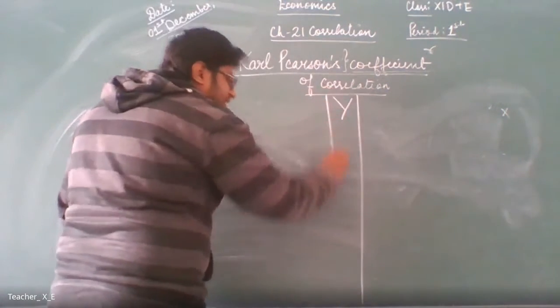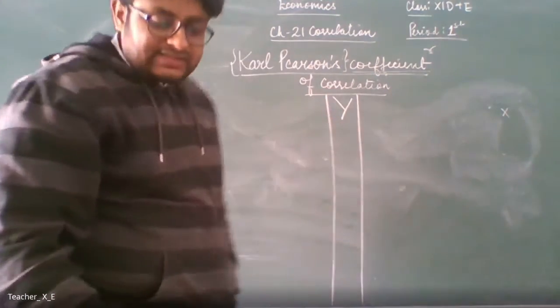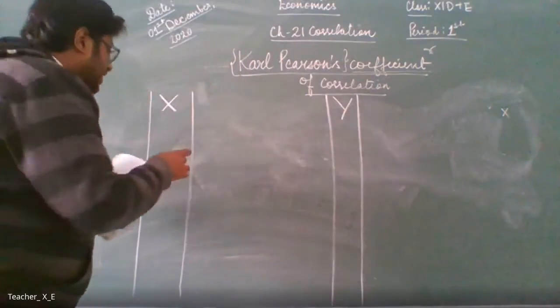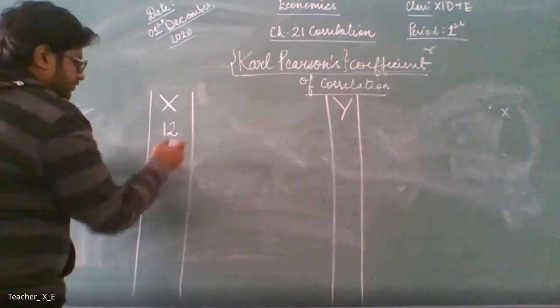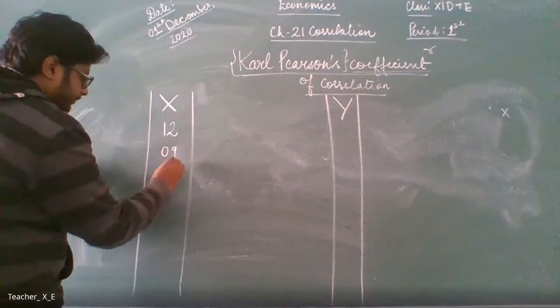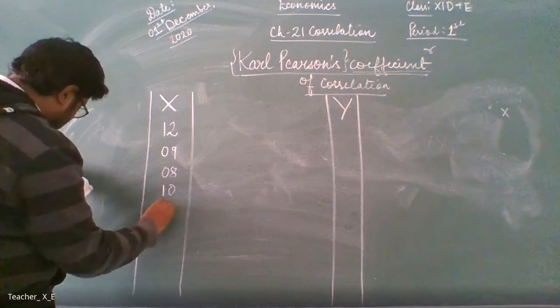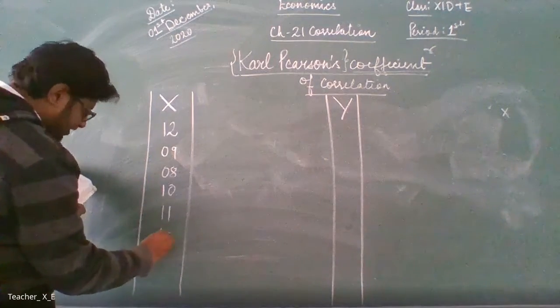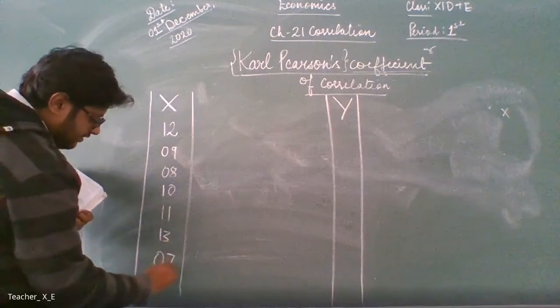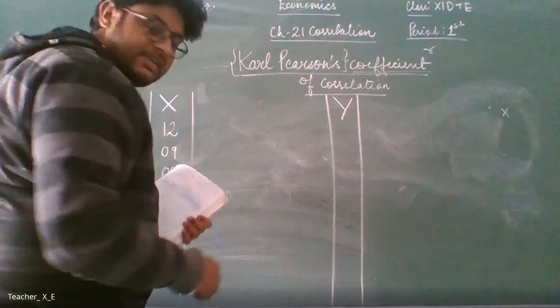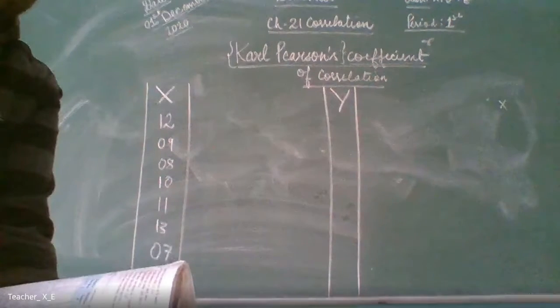So what is the data that is given in the x series? It is given 12, 9, 8, 10, 11, 13 and 7. And in your y series, what is the data given?